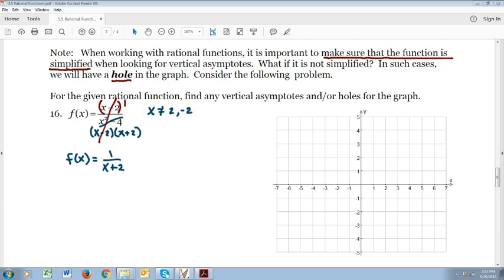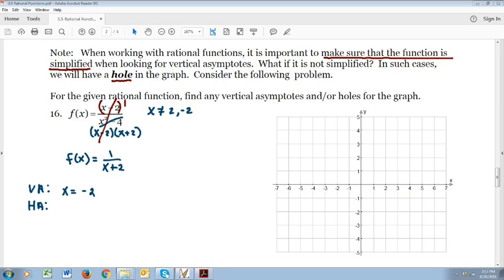As far as vertical asymptotes are concerned, x can't be negative 2 here, so we're going to have a vertical asymptote at x equals negative 2. Again, notice that's going to make the function undefined, and we know that's where we're going to have a vertical asymptote. As far as horizontal asymptotes are concerned, this is the case where the degree of the numerator is 0 and the degree of the denominator is 1.